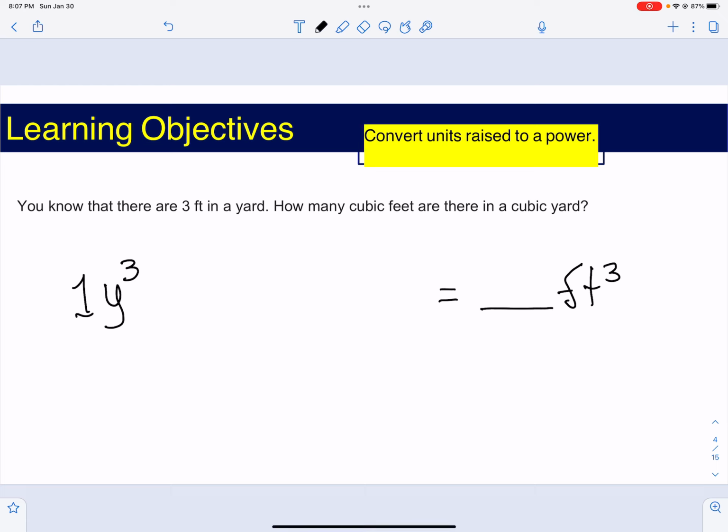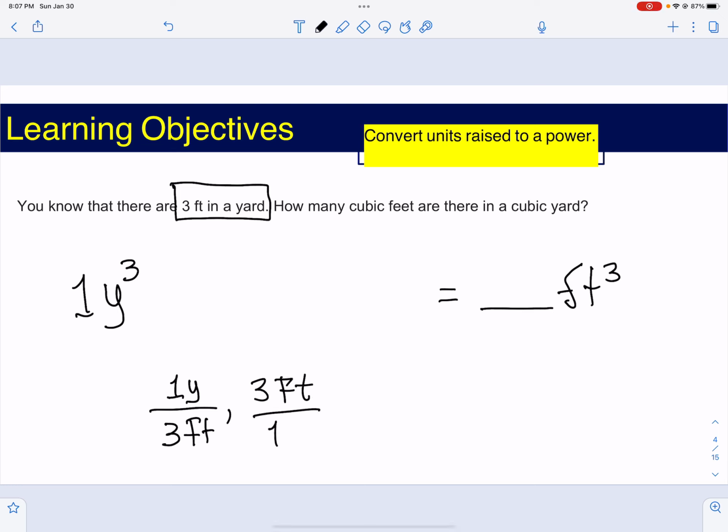And it's telling us that there are 3 feet in 1 yard. So our conversion factor is, for every 1 yard, we have 3 feet, or for every 3 feet, we have 1 yard. Conversion factors are just fractions that we can flip up and down, right?